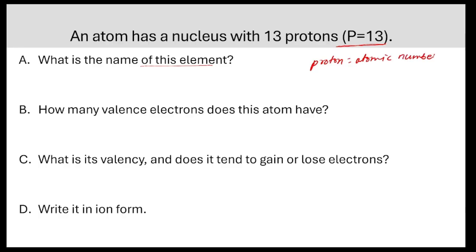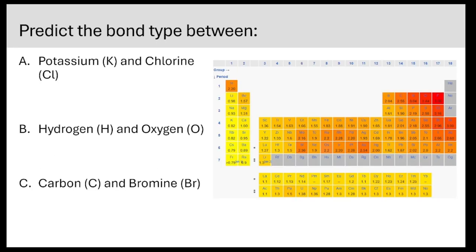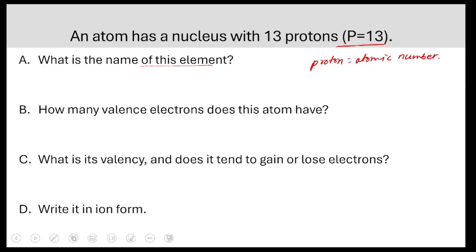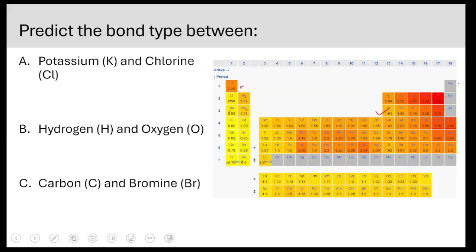That means we are looking for an element that has an atomic number of 13. 1, 2, 3, 4, 5, 6, 7, 8, 9, 10, 11, 12 and 13. So we know the element name is aluminum and the symbol is Al.